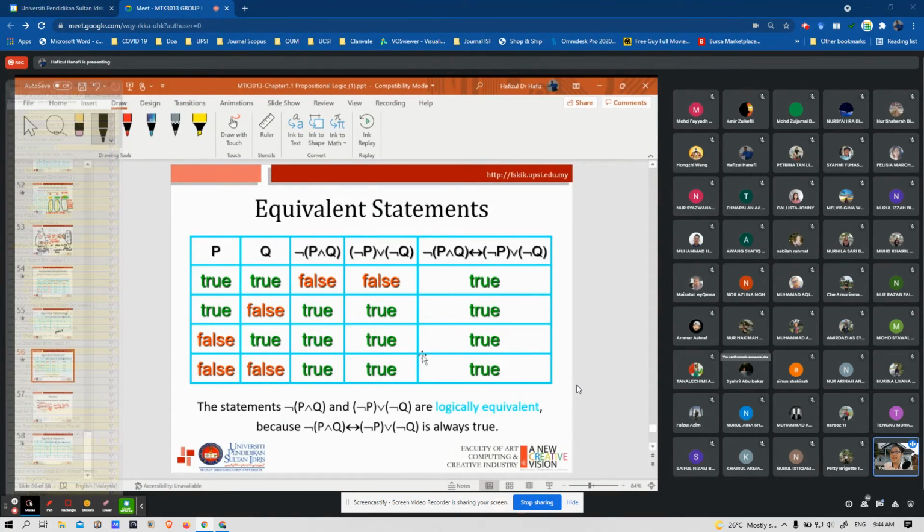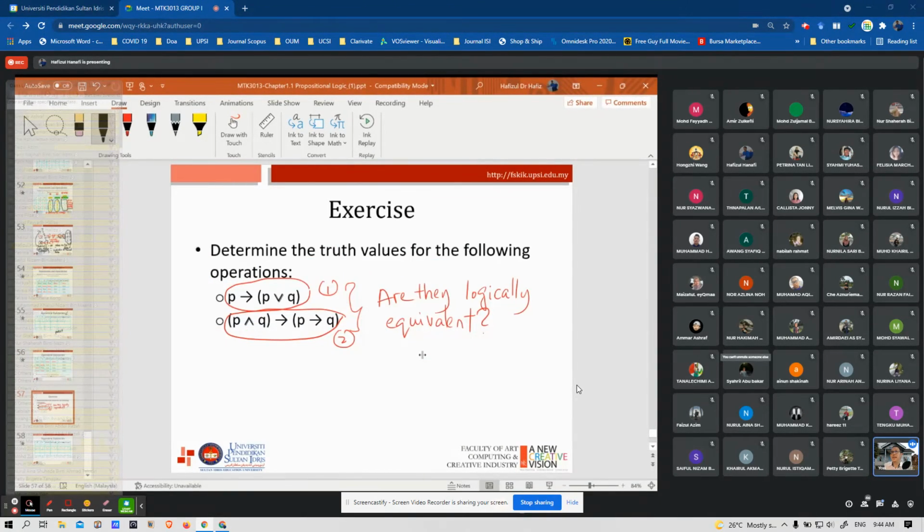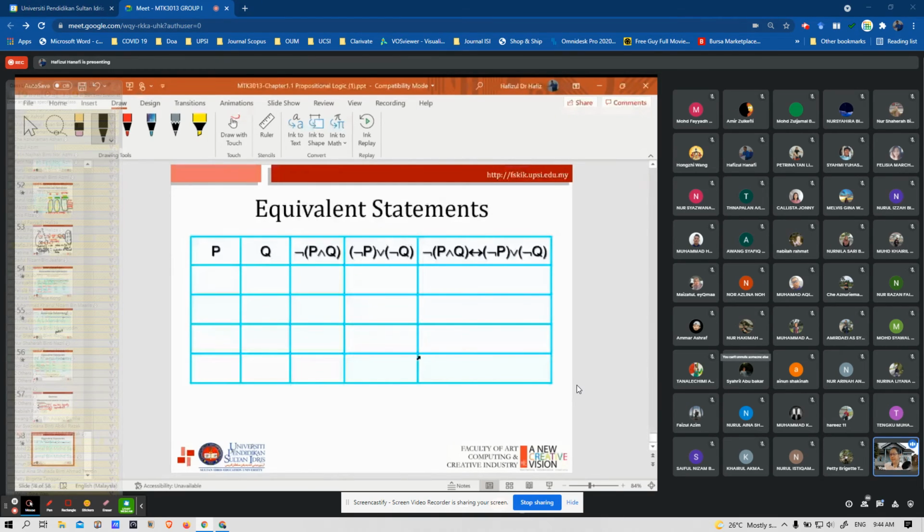It is a tautology. Are they logically equivalent, one and two? You need to do this exercise and also upload it to Padlet.